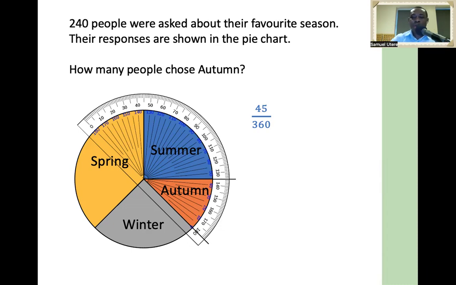So here we do 45 out of 360, which is 1/8. So 1/8 of 240 will give us the number of people who chose autumn, and that will be 30.